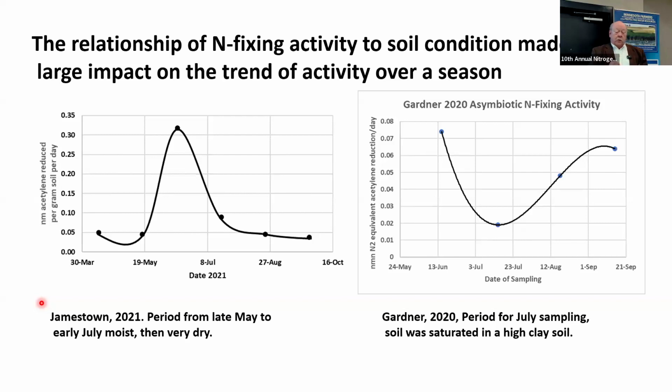And then the one on the right, the Gardner one, the one with the dip in it, that's because when I walked out there at the date where the dip is, I had to take off my boots and wade out there with my bare feet, because that's a high clay soil where the movement of water through it is only maybe a third of an inch a day downward. And so the site wasn't flooded, but it was certainly saturated with water. And saturation, as you see, can really decrease the amount of activity. It bounced back, but at the time of saturation, the activity was very low.